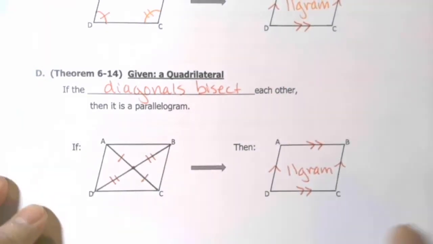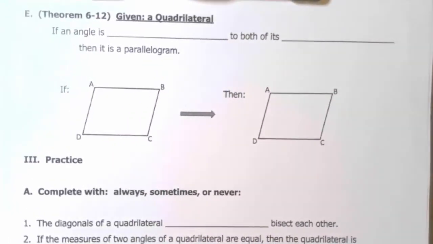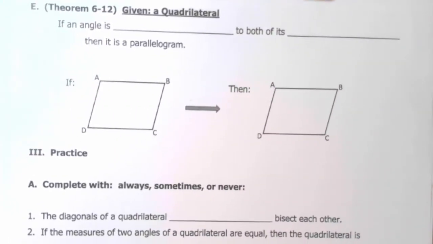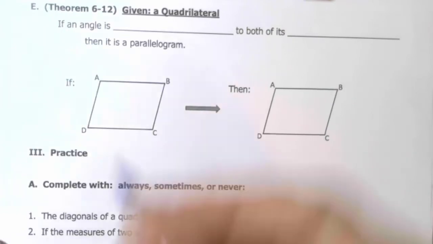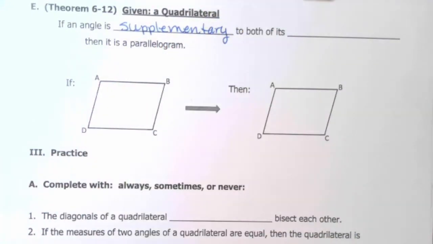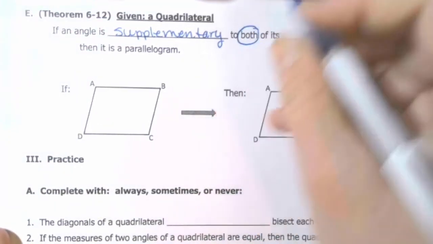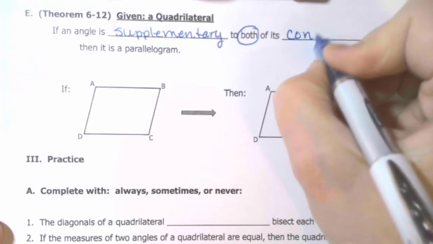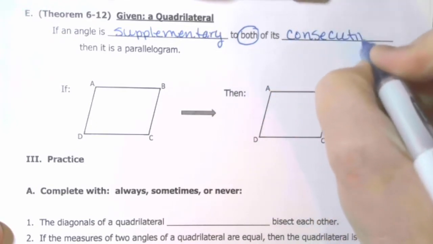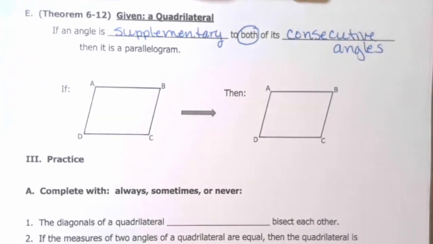Theorem 6.12. Given a quadrilateral, if an angle is supplementary, which means adds up to 180, if an angle is supplementary to both of its consecutive angles, then it is a parallelogram.